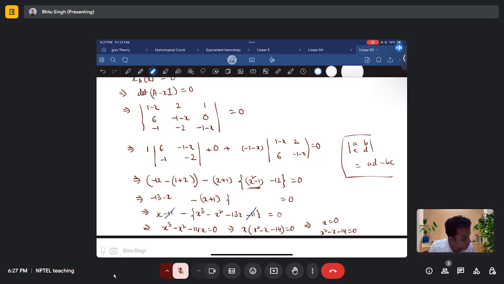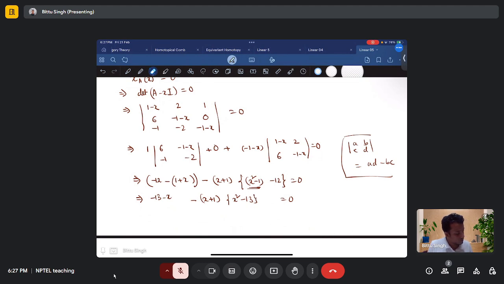So this is actually simply x square minus 13. I've made this mistake again. So x square minus 13. Okay, then it is much easier. Okay, sorry. So you can again expand this.